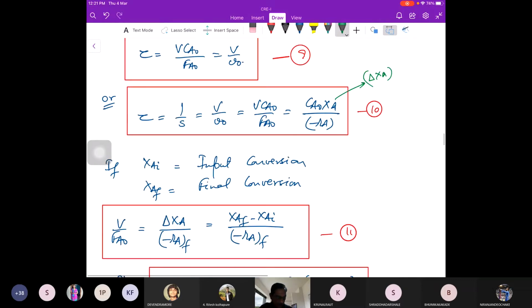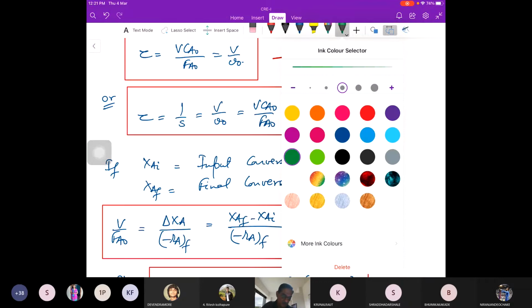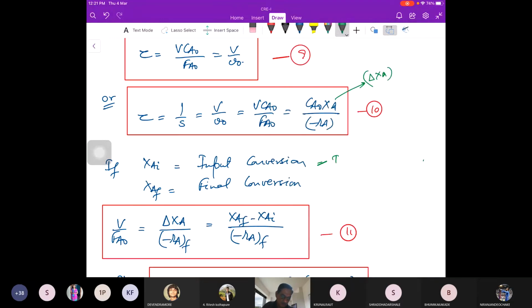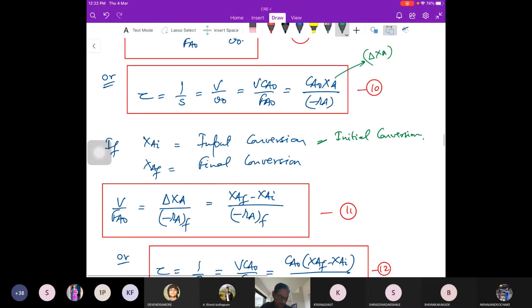Okay, so if you put XAI equal to input conversion or initial conversion, and XAF equal to final conversion, we can write the same thing as V/Fa not equal to delta XA upon minus RAF.